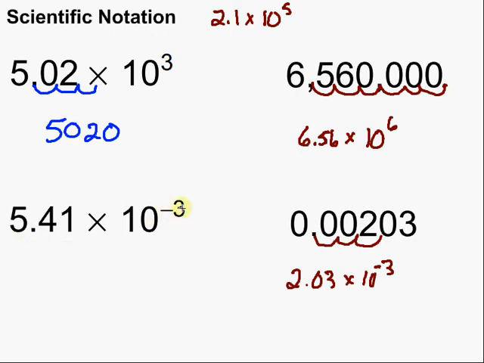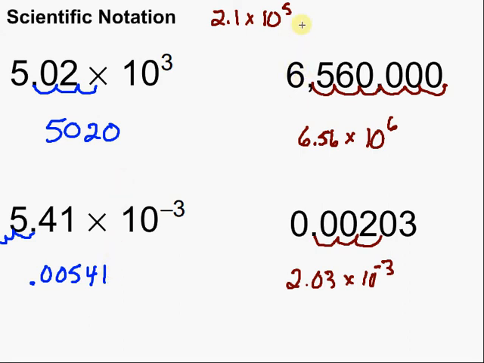So we're going to move it 3 places to the left. So 1, 2, 3. We're kind of running out of space here. But we can see that will be 0.00541. Okay? And it makes sense because when we multiply by a number less than 1, our number gets smaller.